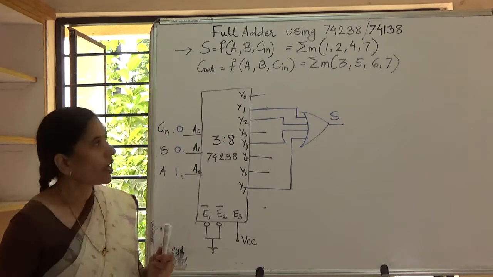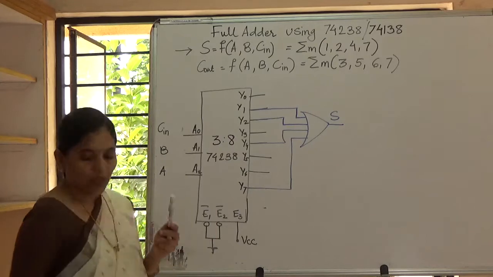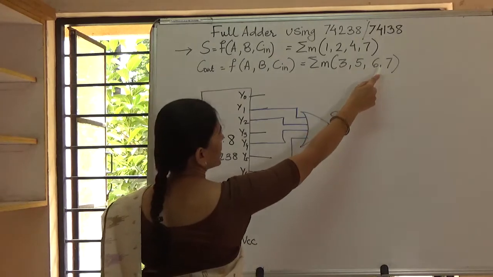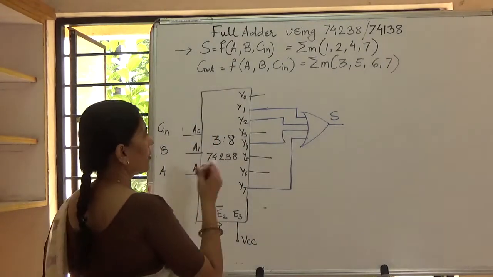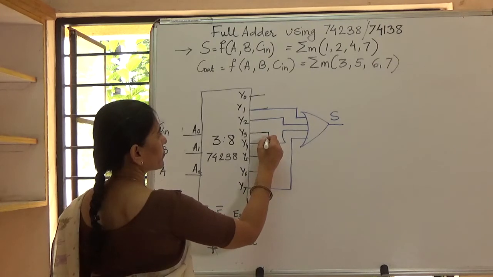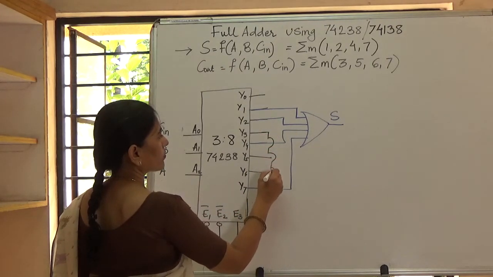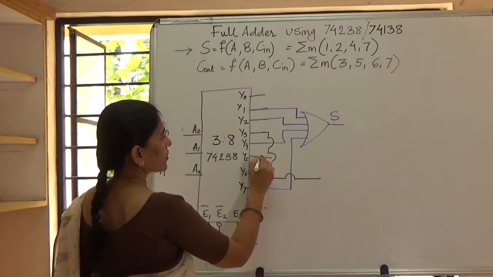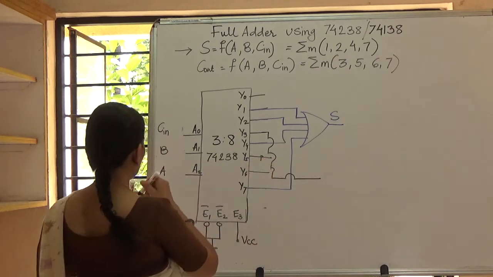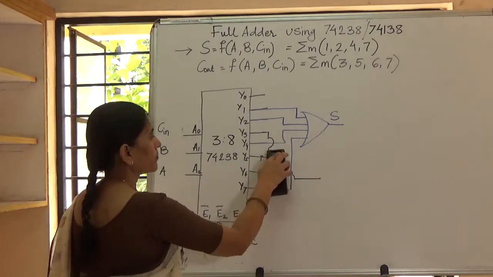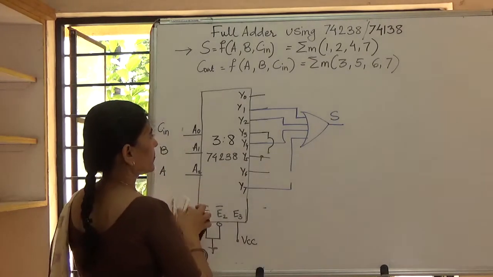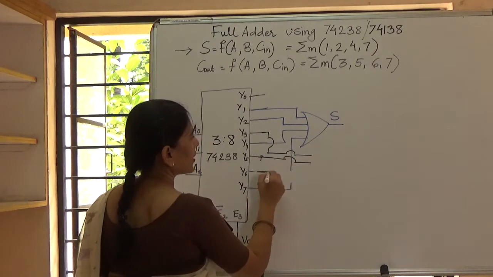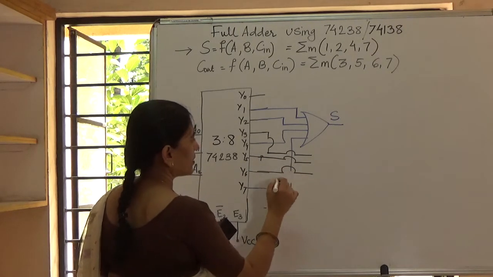Similarly, we can use another OR gate to implement the carry output, which is 1 for 3, 5, 6 and 7. So we take 3, then 5, 6 and 7.